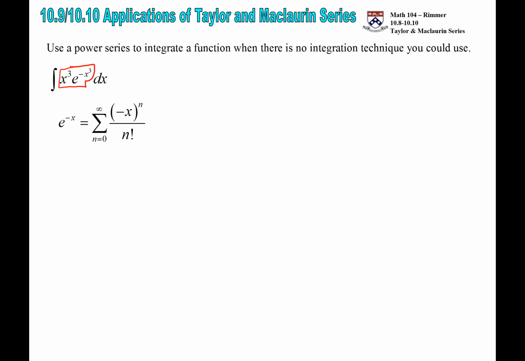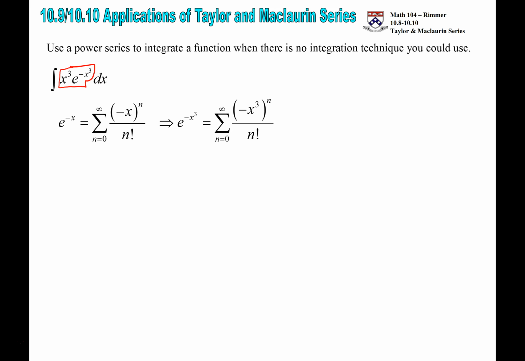Now remember, e to the x is the series where we have x to the n over n factorial. Now if we have e to the negative x, that's basically the same thing but alternating. Okay, well we don't have that. We have e to the negative x cubed.